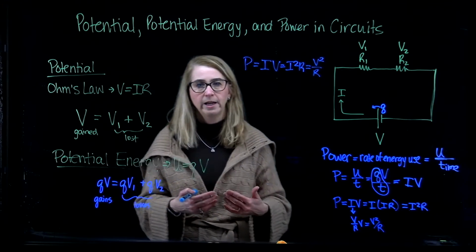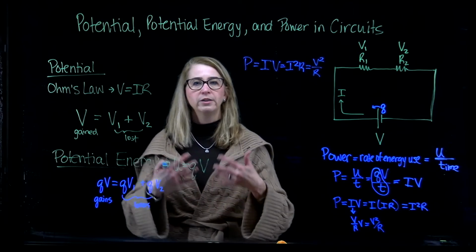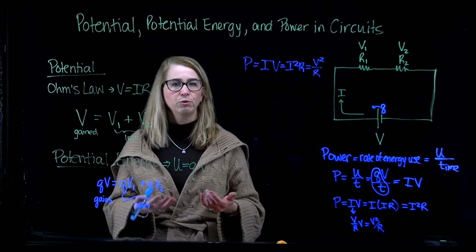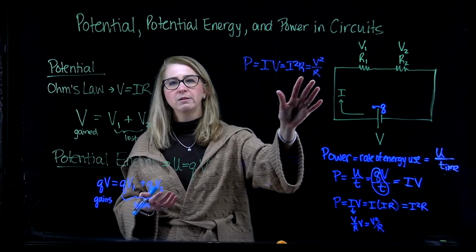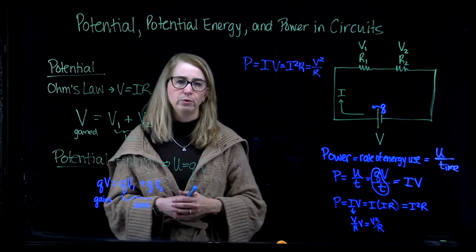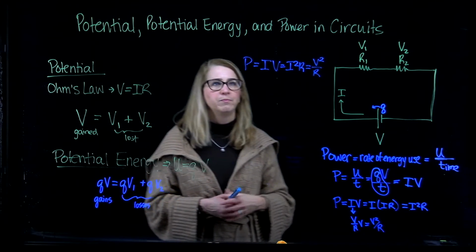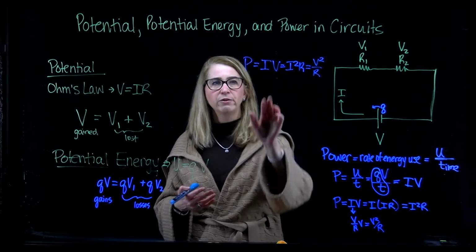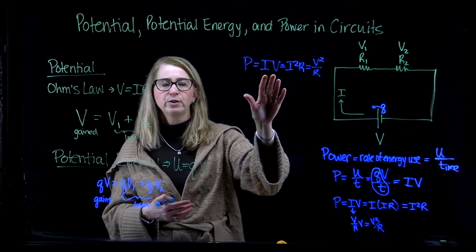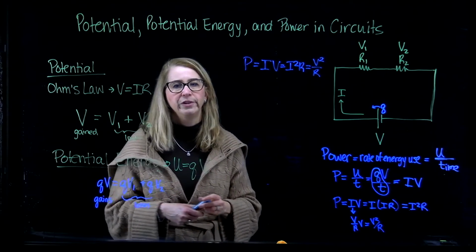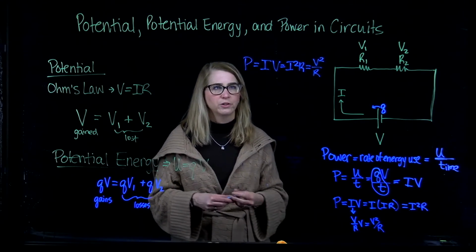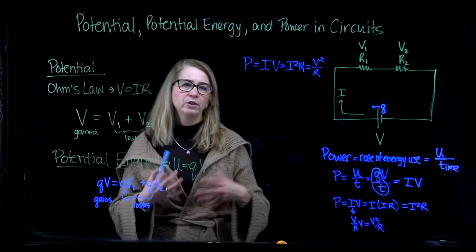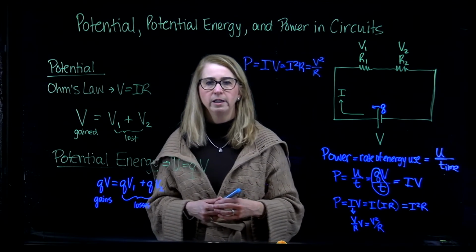So going back to that, if I'm thinking about the power in the circuit that is dissipated through the resistors, it seems like it might make sense to use these 2 expressions. If I want to think about the power that's supplied by the battery, I think it makes the most sense to use I times V. It doesn't make the other expressions wrong, but you just have to use them properly in order for it to make sense.